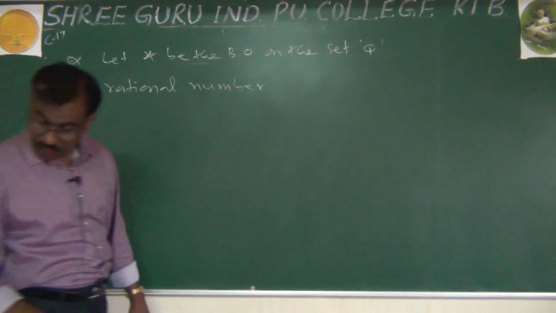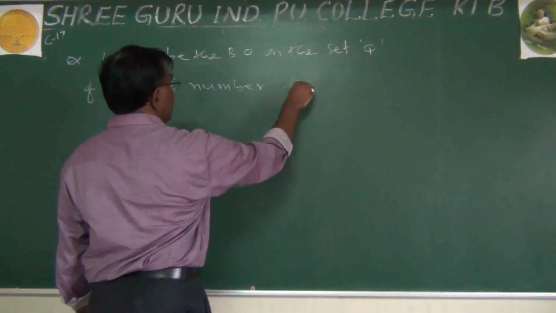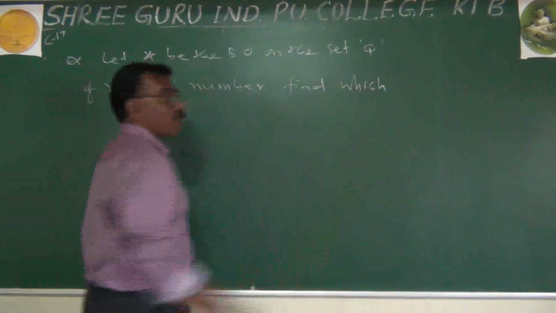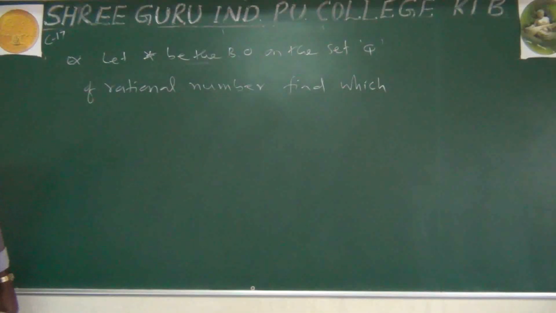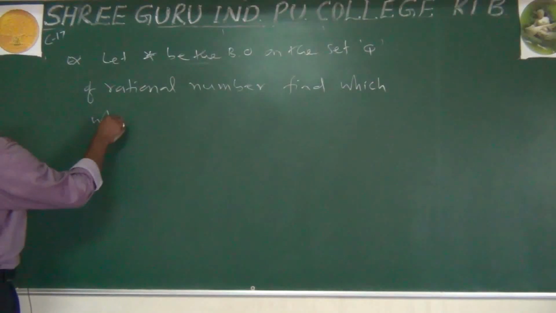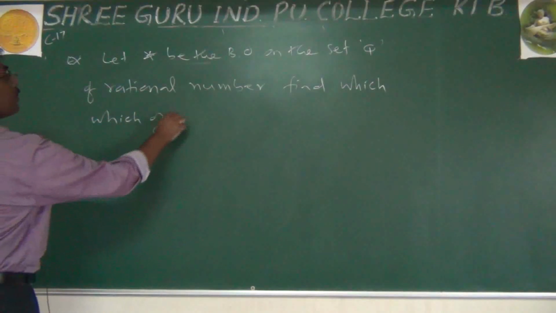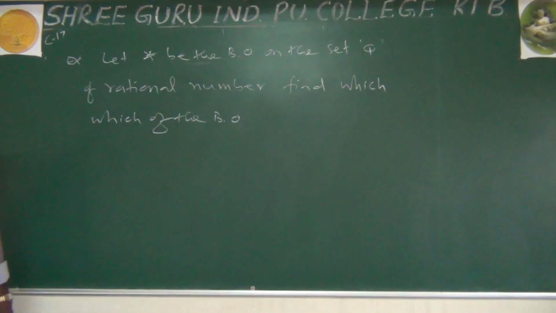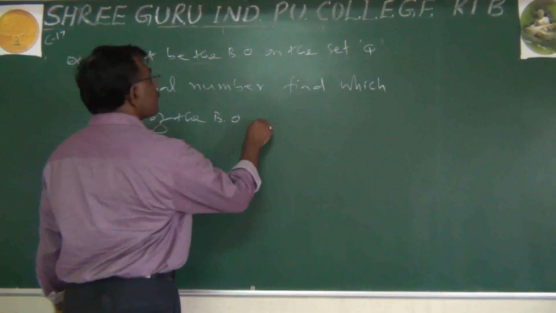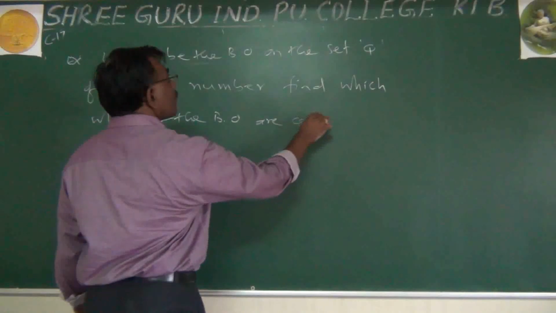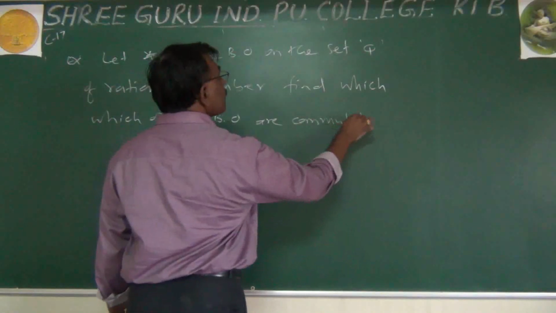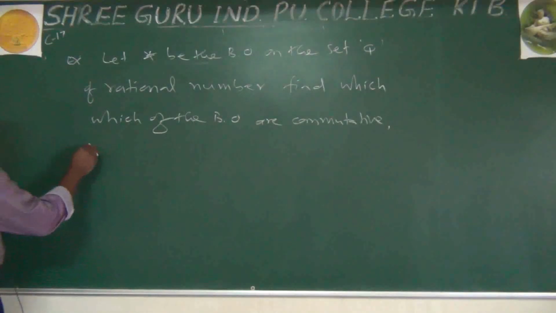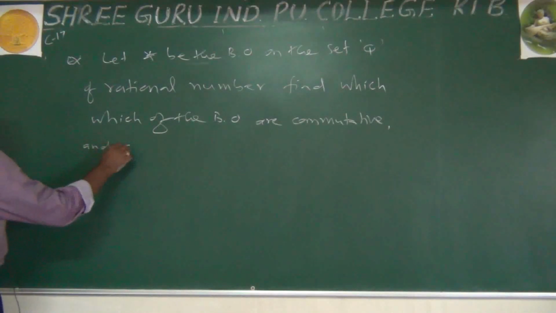Find which of the binary operations are commutative and associative.